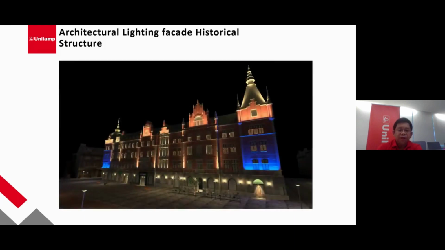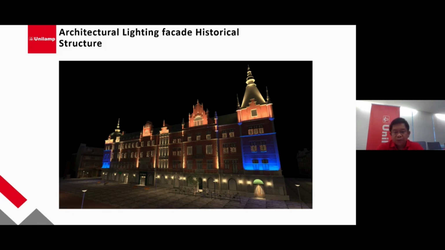So it's another view. We also check Google Maps during the night time. They have some activity here, like al fresco dining again. So we just recommend the wall lamp, which also blends with the structure, more on the contemporary side, because at Unilamp we don't have much in the classic type of wall lamp.